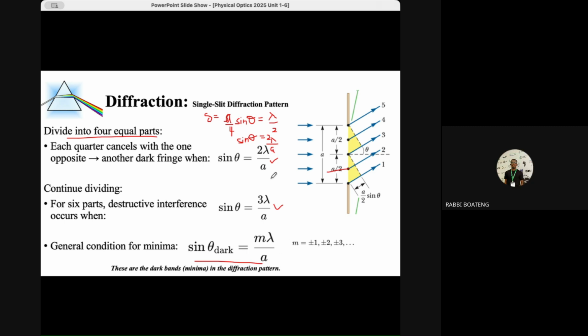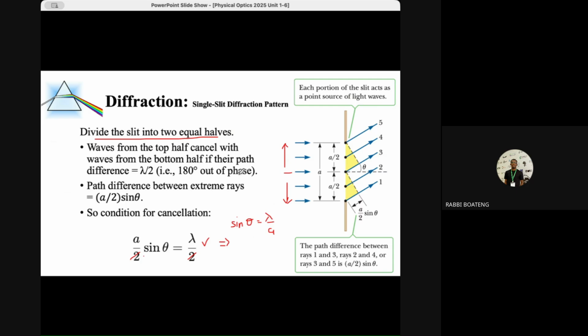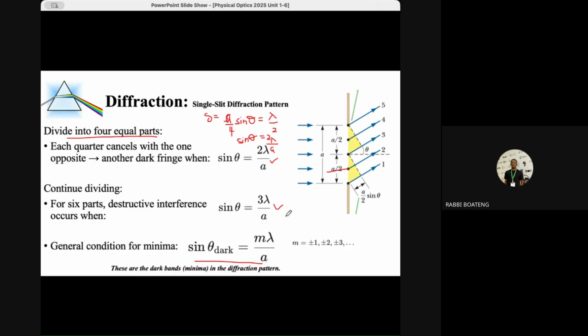Okay. So you see when we started dividing, if the aperture here is divided by only 2, we generated this formula. Now, if the aperture, that is the hole, is divided by 4, we generated this formula. And you can see that the difference between the first formula and the second formula is only here.